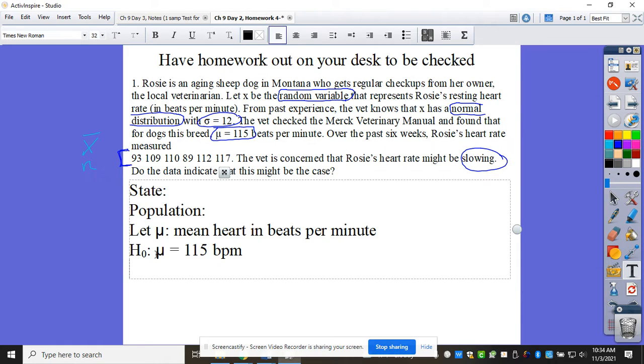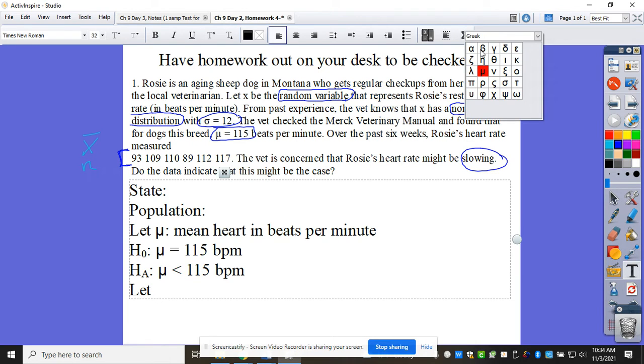Oops. My alternative hypothesis. And why did I choose less than? Because of the slowing. So something in the wording of the problem is going to tell you what always goes here. And then what's the last thing I need to define?